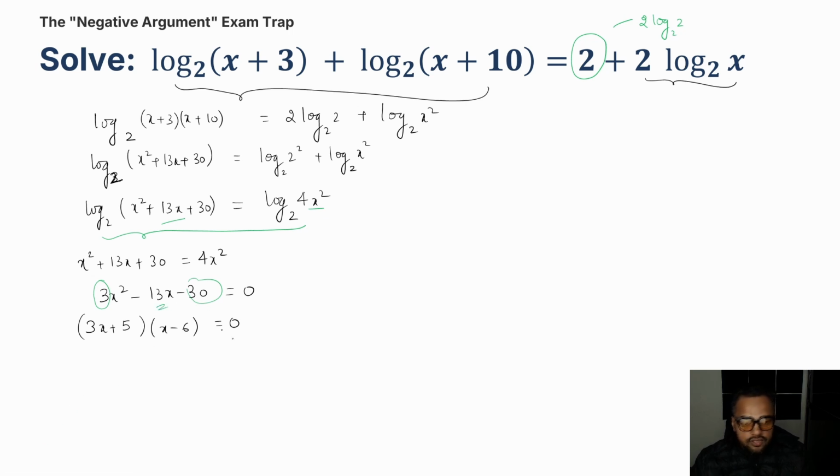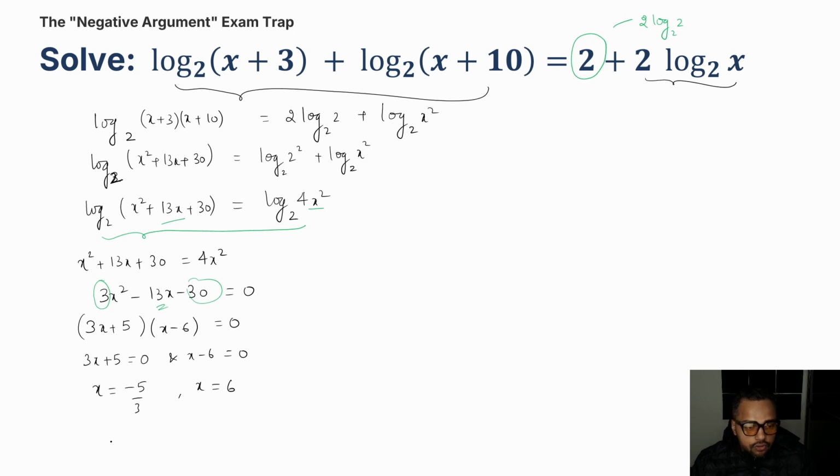So by this we have got (3x plus 5) times (x minus 6) equals 0. From here, the potential solutions will be 3x plus 5 equals 0 and x minus 6 equals 0. For this, x equals negative 5 by 3, and for the other equation, x will be 6.